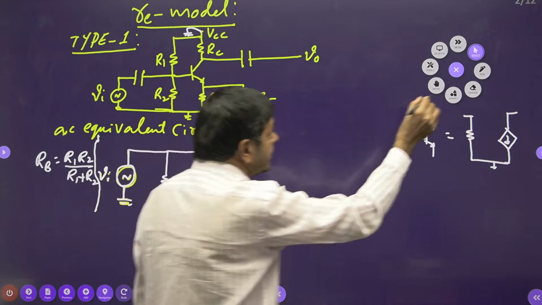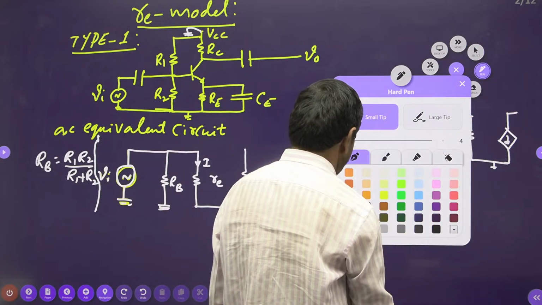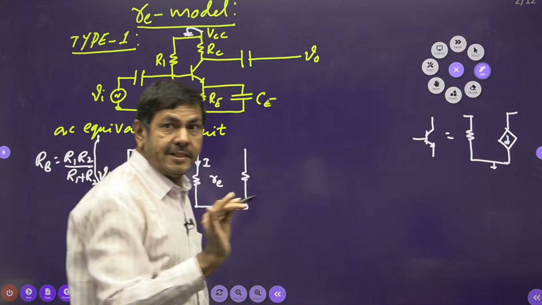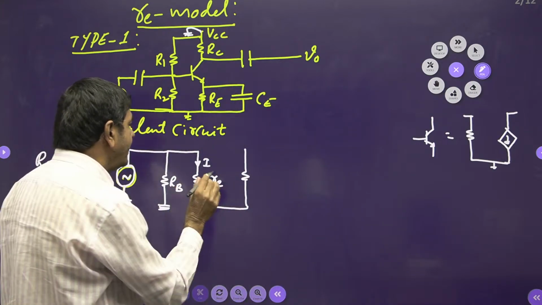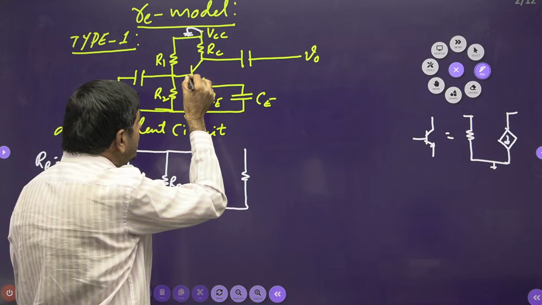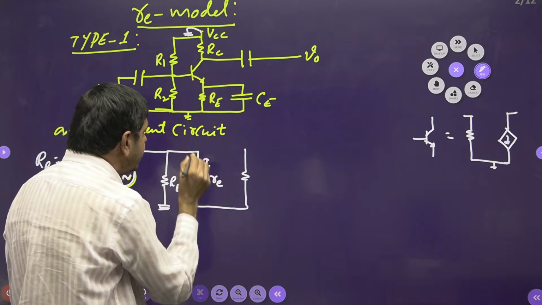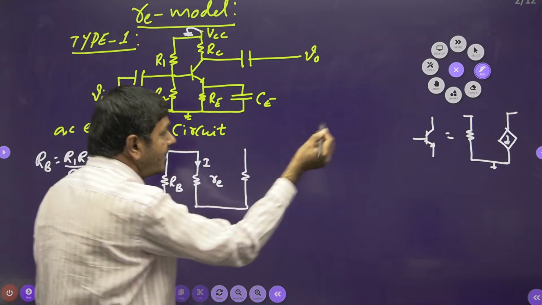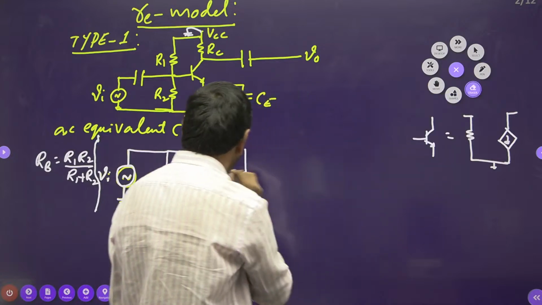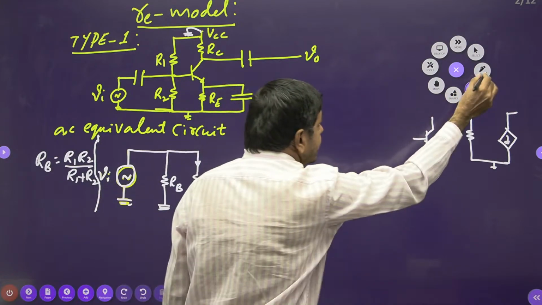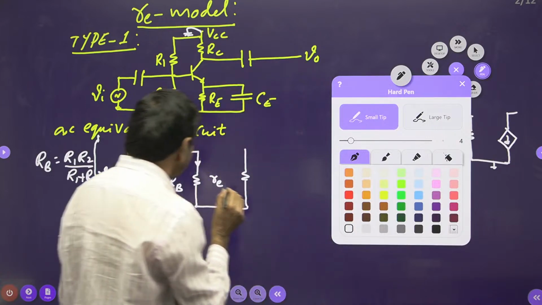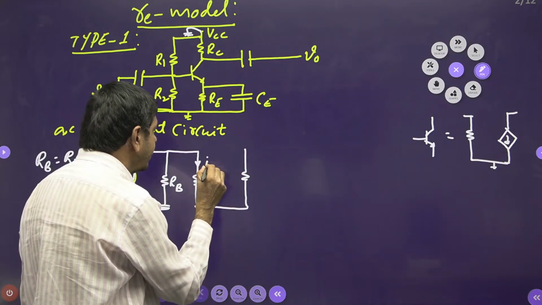What I am doing, you watch. For full clarity, I am explaining these steps. The current passing through this PN junction diode is the emitter current only. That current we can write in small letters, because it is AC analysis only, is it not? So I am taking this as the emitter current, for example.